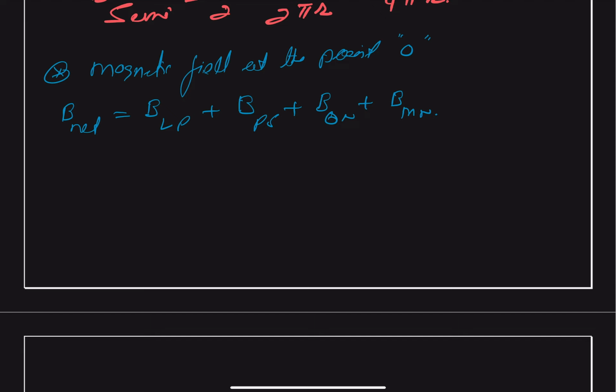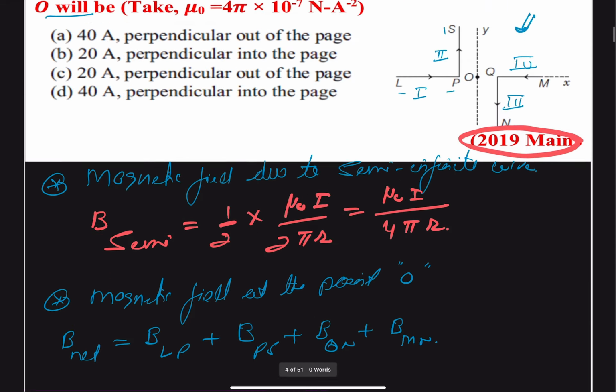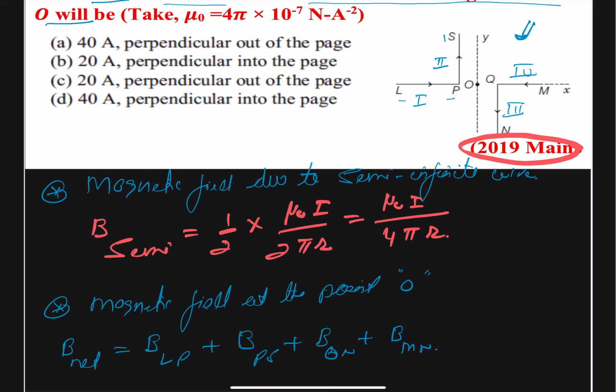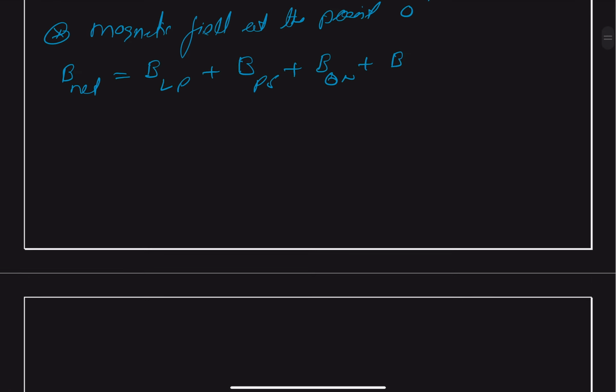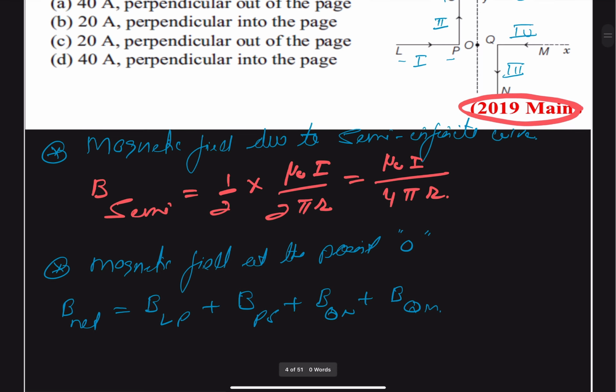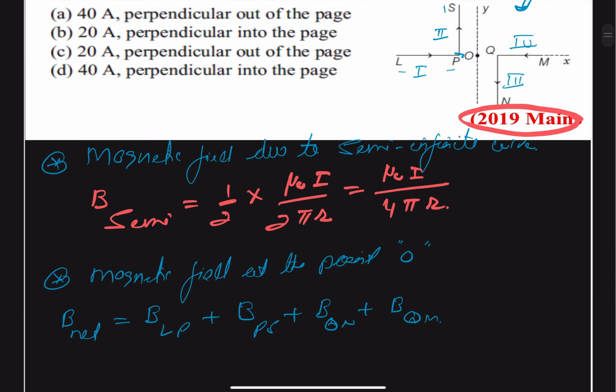Now for LP and Mn, we can clearly see, for not Mn but Qn and Qm. So from 2 wires, wire LP and wire Qn, we can see that the point O is going to lie on their extended version.